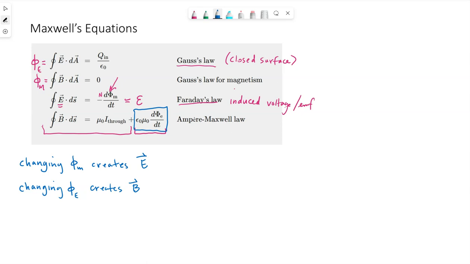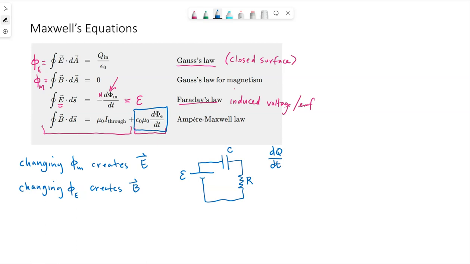So if we have a circuit and we have a capacitor in the circuit and a resistor or something like an RC circuit, during the time that the capacitor is charging, while the charge is changing on the plates.